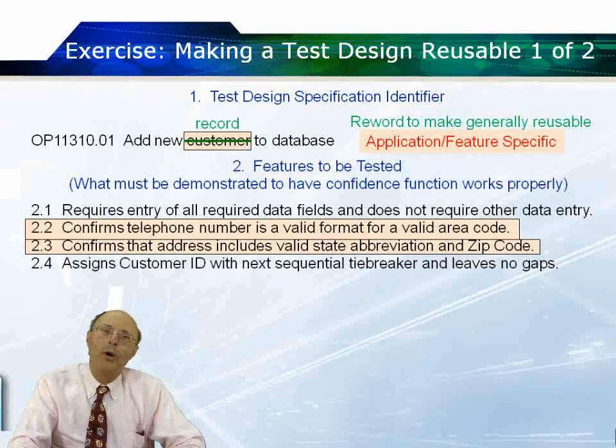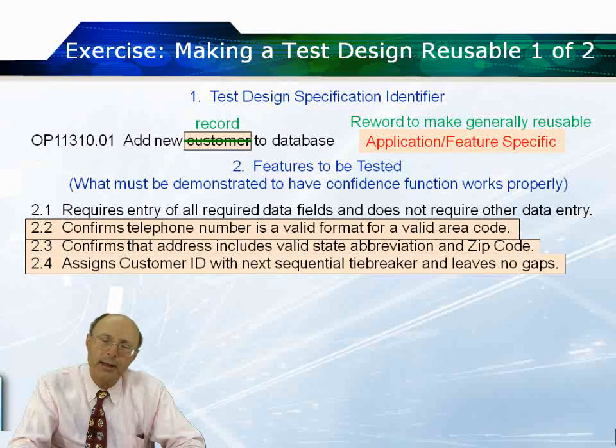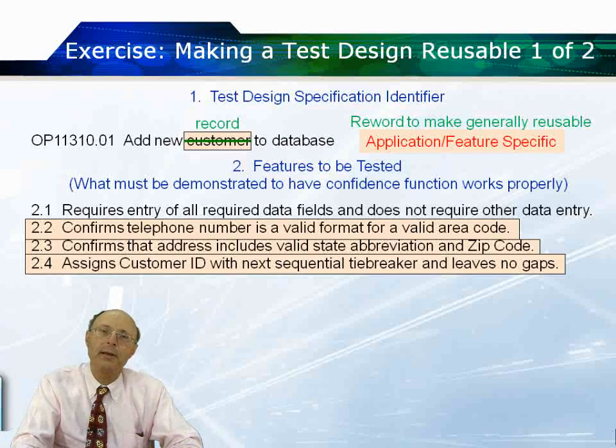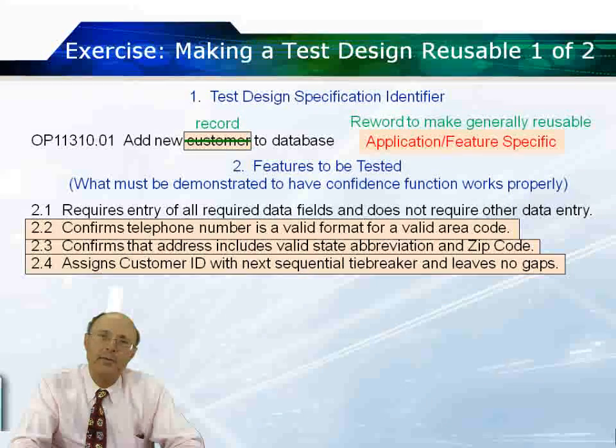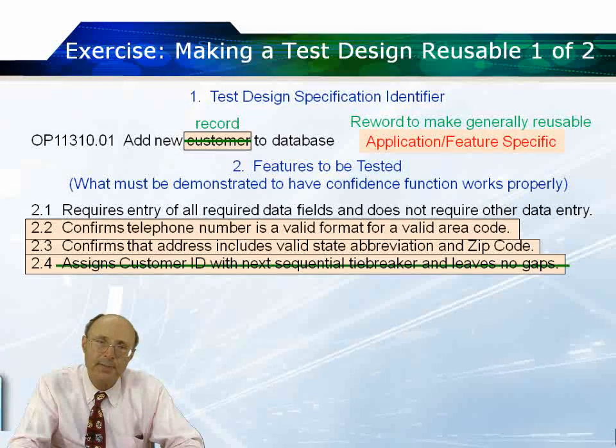The customer ID stuff is absolutely specific to adding the customer to the database, and it's absolutely specific to this particular application because some other customer database might not have a key with the same type of rules.